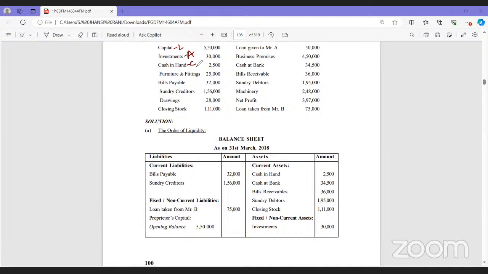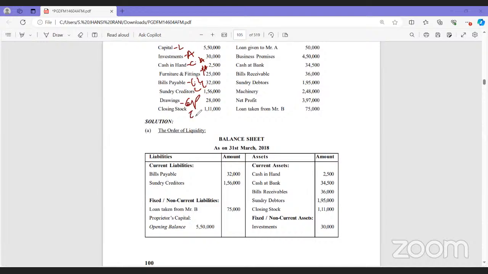It's a current asset. It is also again a fixed asset. Furniture. Bills payable is a current liability to us. Sundry creditors is a current liability. Why current liability? It means the expenses or the liabilities which we can pay off within a period of 12 months. Drawings we deduct from capital.